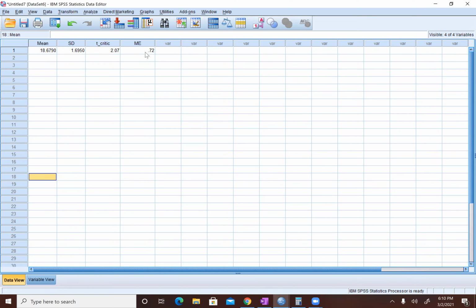It is not much, and the reason is that we have a large sample size. And from here, you can just compute the confidence interval by adding this margin of error to your mean.